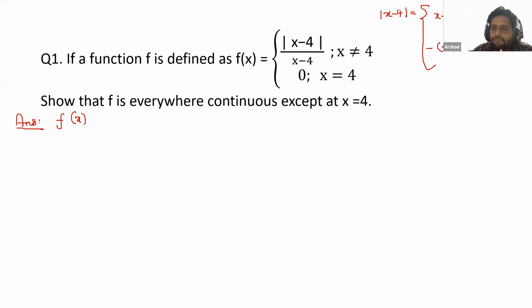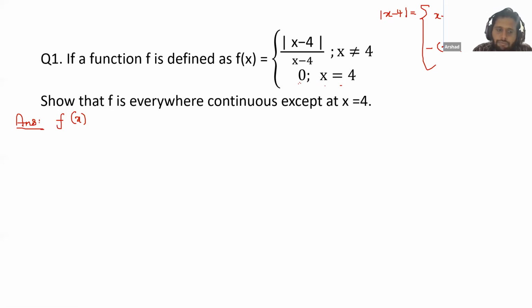The reference point is 4. So when x is greater than or equal to 4, we will get this value, and less than 4, we will get the other. But in the question, for x equal to 4, they have already given the value 0, so we can't use equal to here.